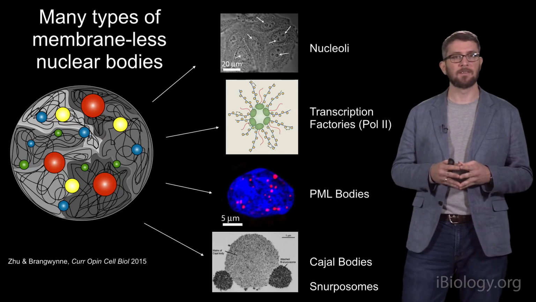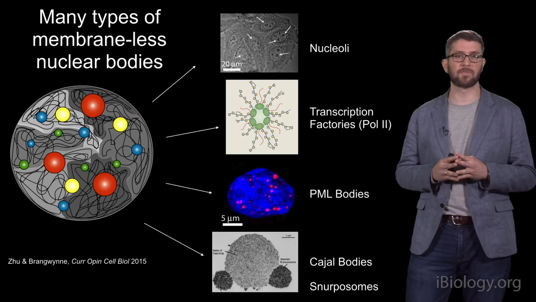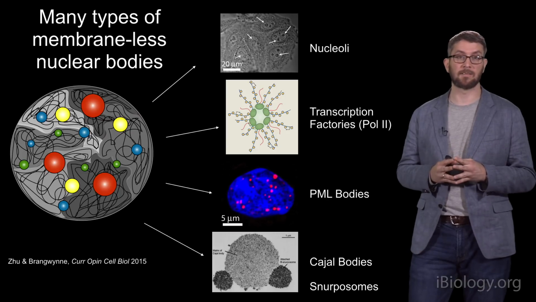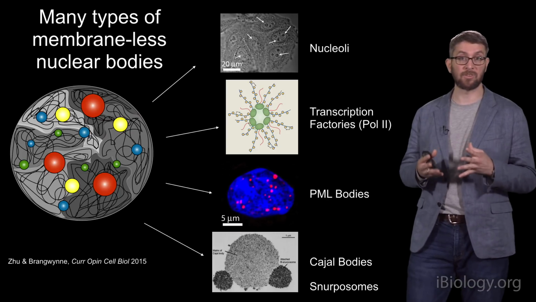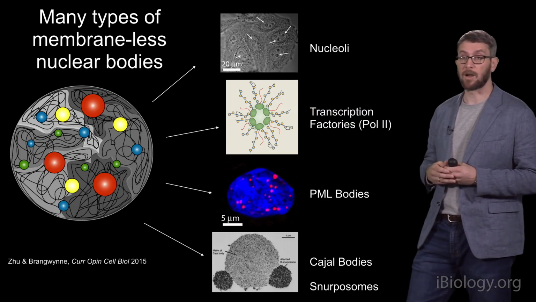So these membraneless nuclear bodies really are key structures for organizing the contents of the nucleus, the genome, and gene expression. And they include structures like nucleoli, that'll be the focus of this talk.